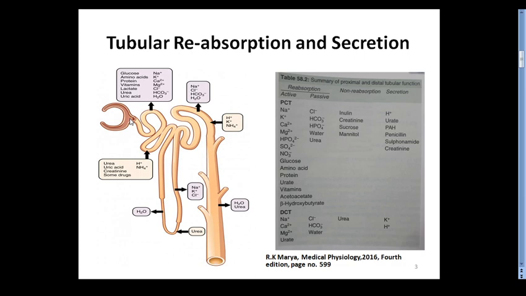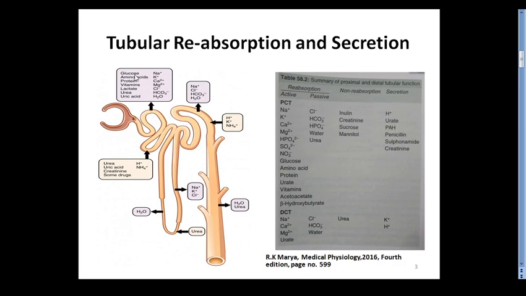So here in this picture I will discuss the different constituents of the filtrate which get reabsorbed. This is the proximal convoluted tubule, the first part of the renal tubule, in which this outgoing arrow shows the reabsorption of the different constituents of the filtrate into the blood again.